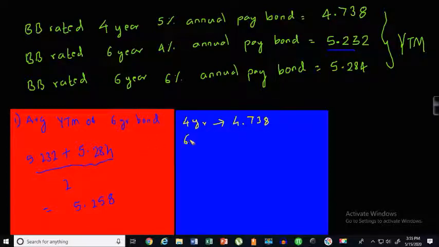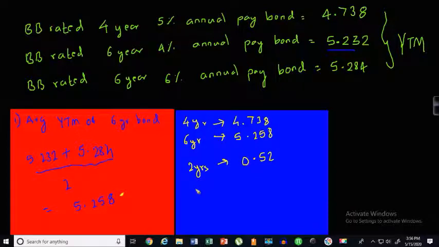A 6-year bond has a YTM of 5.258. So what is the difference between 6 and 4? It is 2 years. And what is the difference between 5.258 and 4.738? It is 0.52. This is simple: 5.258 minus 4.738 gives you 0.52.